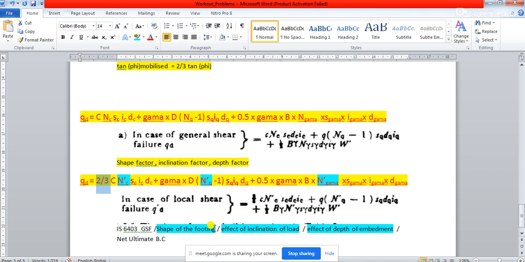Okay, so we will be discussing in the next class about how to calculate these different factor values. So Indian Standard Code specifies the values to calculate these things, and formula wise you will have to remember them, or you will have to follow the code, and according to the codal provision you will have to calculate the value and apply in the formula to get the bearing capacity value.